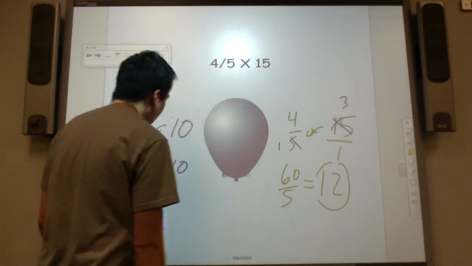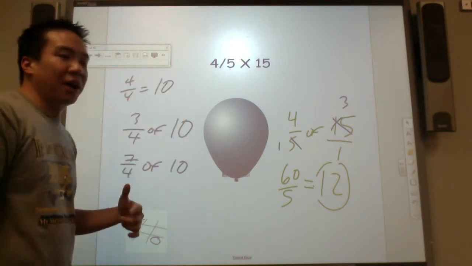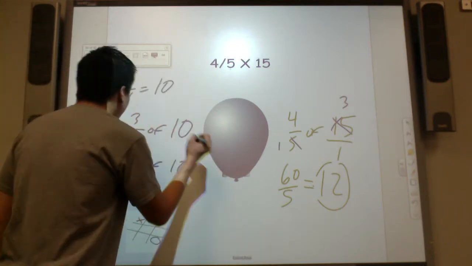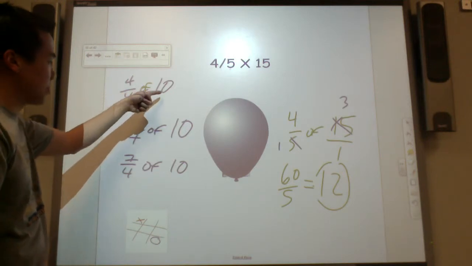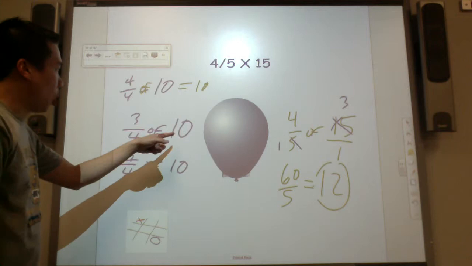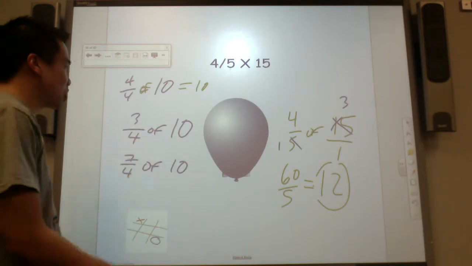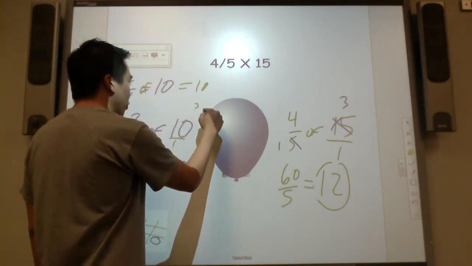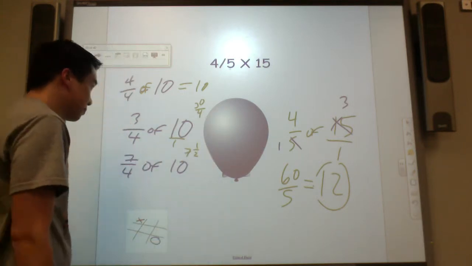If you multiply a whole number by a fraction that is equal to 1, the answer will be the same answer, because 4/4 is 1 whole times 10 is 10. If you multiply a whole number by a fraction that is less than 1, your answer will get smaller. For example, this one would have been 30 over 4, which is really 7 1/2.